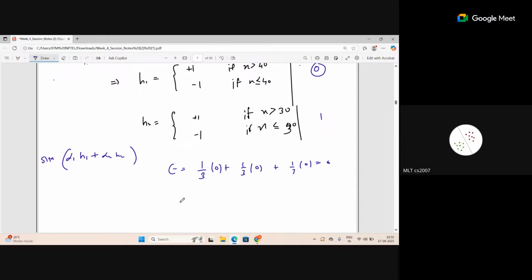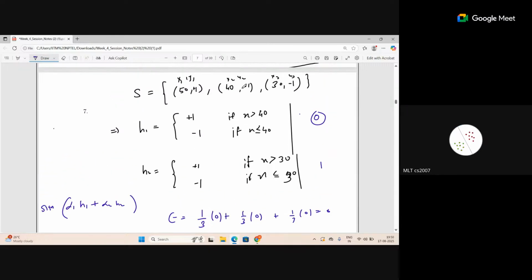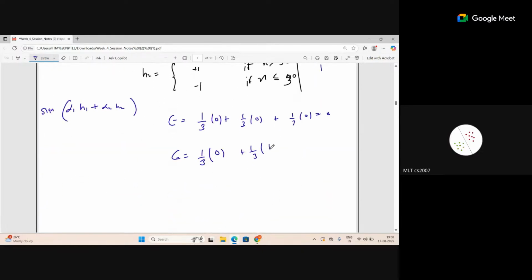What about the error in the second decision stump? It is 1 by 3 into 0, plus 1 by 3 into 1, here it is making a mistake, plus 1 by 3 into 0, so it is basically 1 by 3.